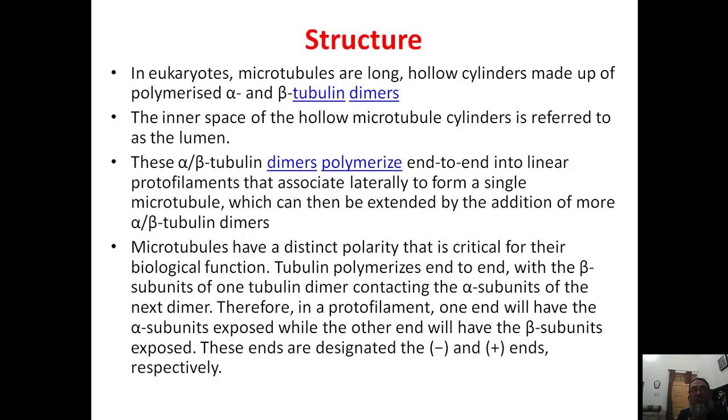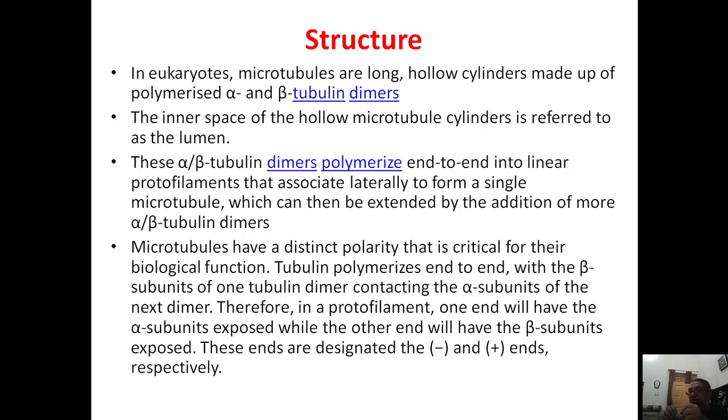In the structure of microtubule, in eukaryotic cell, microtubules are long, hollow cylinders made up of polymerization of the alpha and beta tubulin, as I have described. These alpha and beta tubulin dimers polymerize end to end into protofilaments that associate laterally to form a single microtubule, which can then be extended by the addition of more alpha and beta dimers.